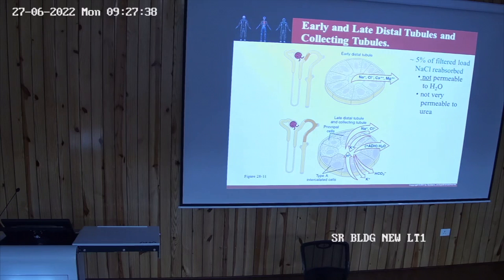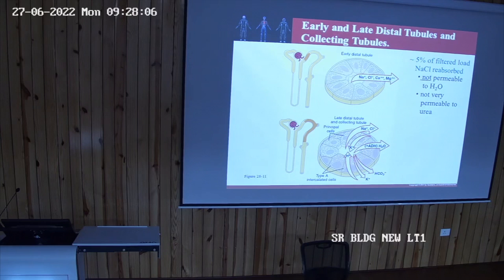15% of the water has been reabsorbed in the descending segment. Okay, whatever the load coming to the ascending segment, there also the sodium chloride is reabsorbed. 25% is reabsorbed in the ascending segment, and of the remaining 10% of the filtrate load of sodium, 5% is reabsorbed in the early distal convoluted tubule.